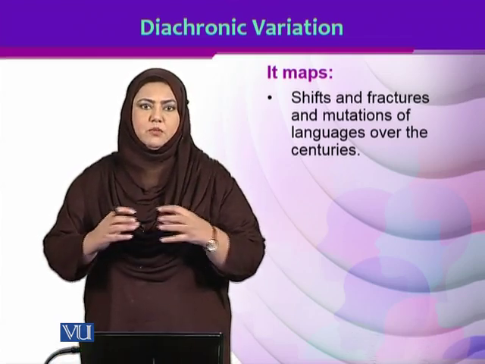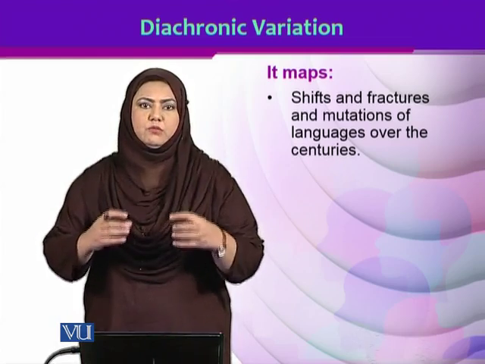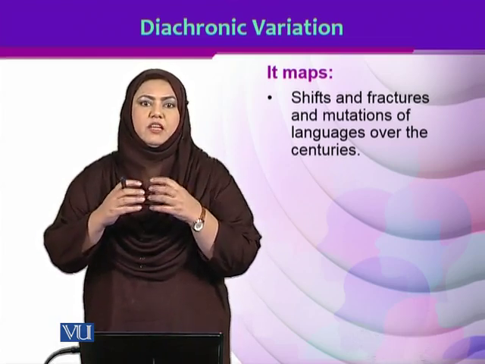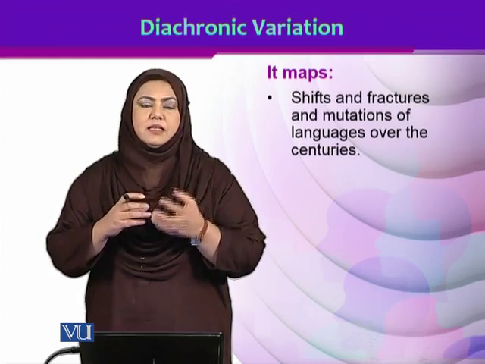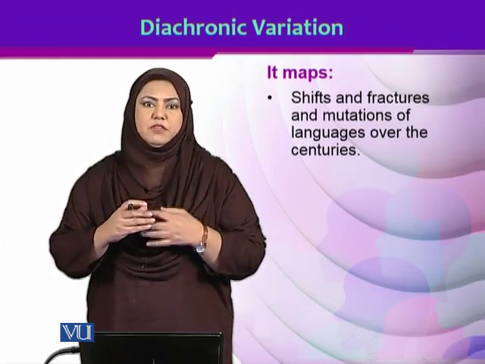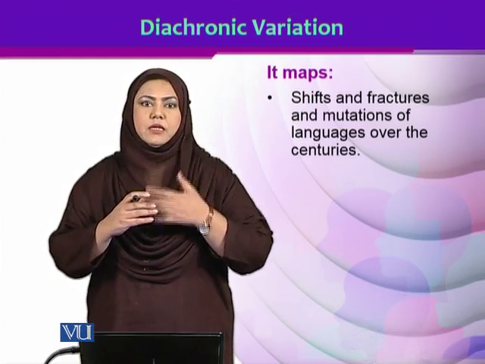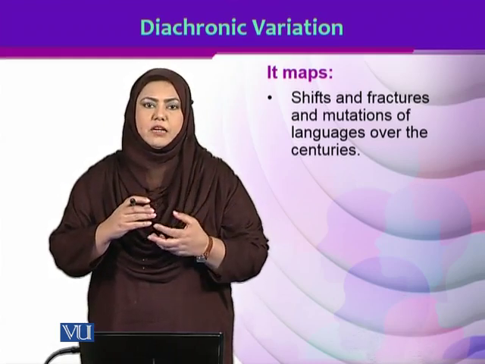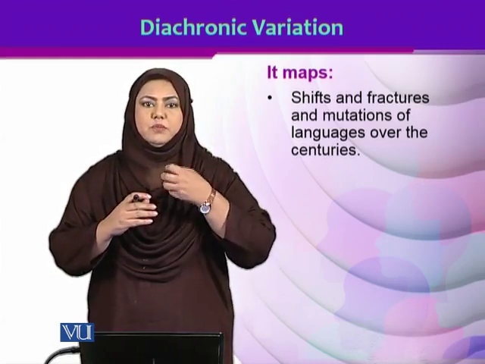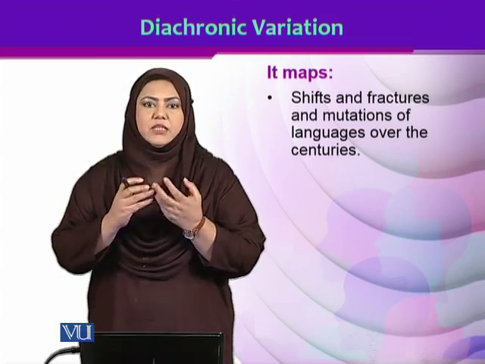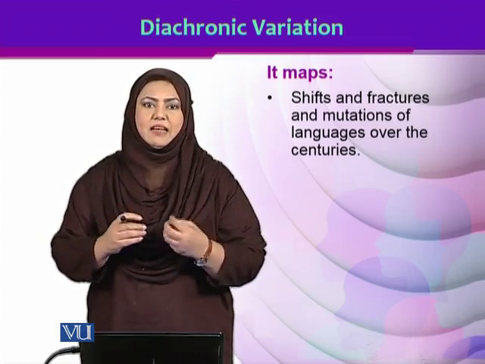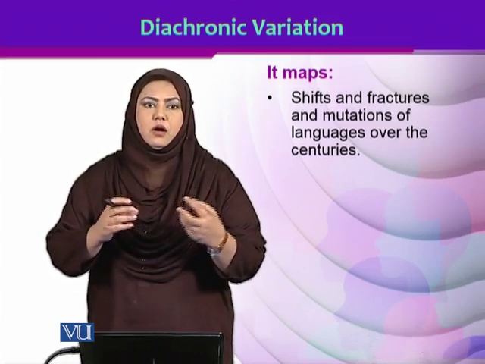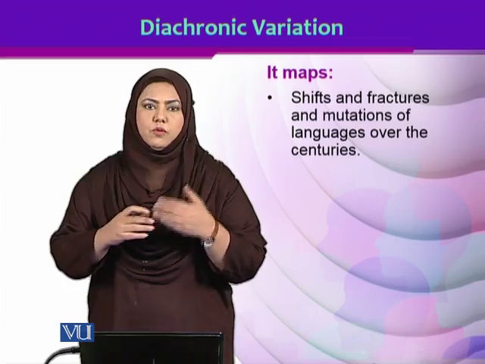From one period of time, as it would gradually move on to the other period of time, there would be shifts, there would be changes, there would be certain elements, certain features or characteristics that would evolve, that would be modified. Some things would be dropped on the way, some new things would be picked up on the way through certain processes like language contact, that is happening over the times.